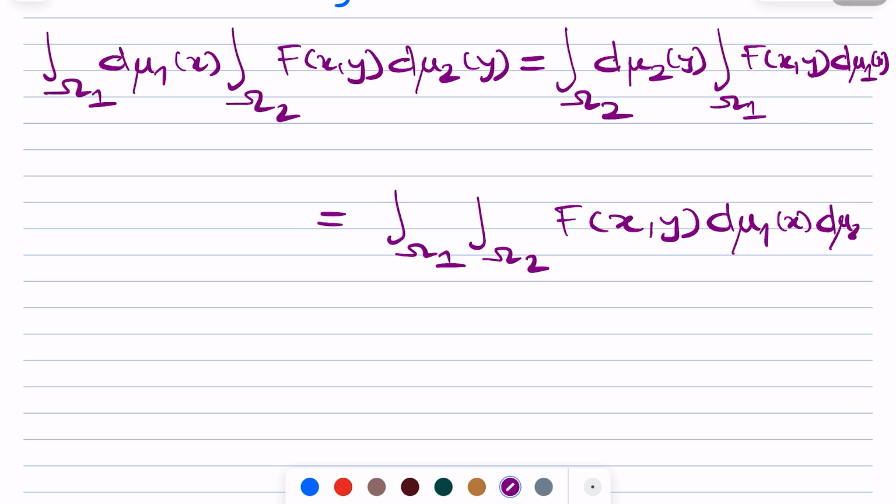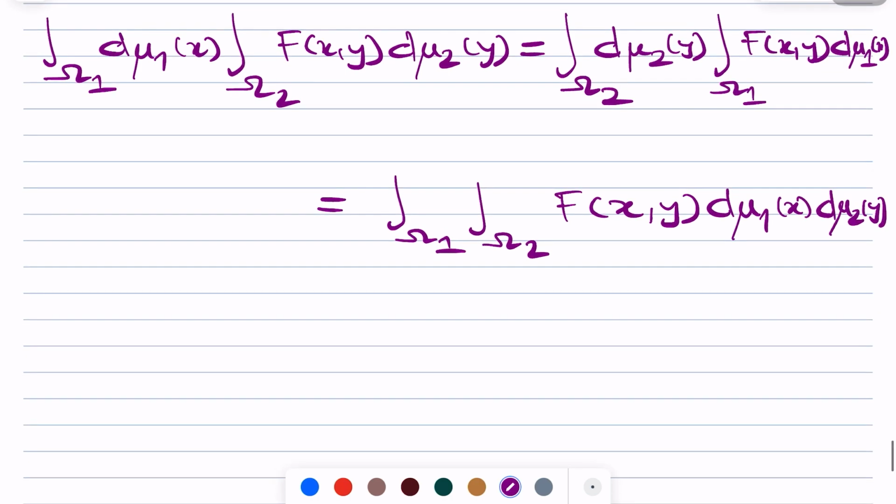Okay, so I think we have already stated the essential properties about integration and measure theory. Now let's look at some properties of LP spaces.